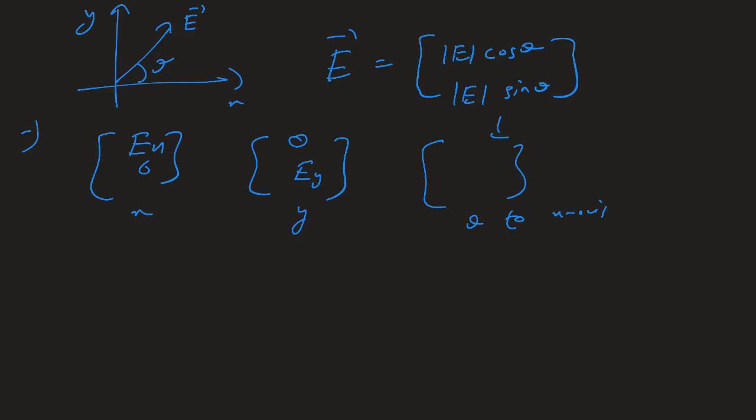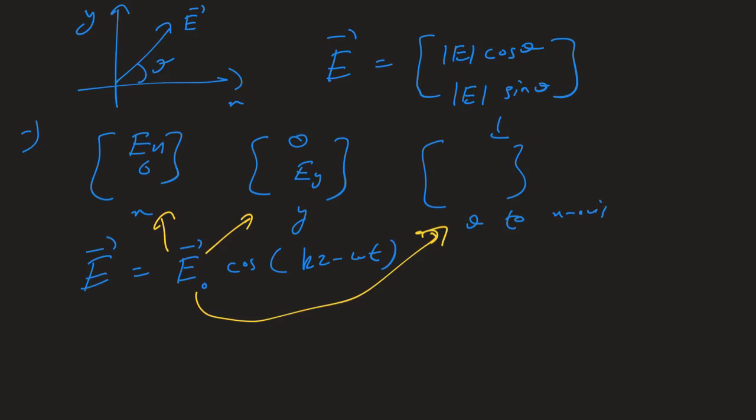What we're writing here is that when you have a plane wave, when you express some E naught cosine of kz minus omega t, then these column vectors are this vector.